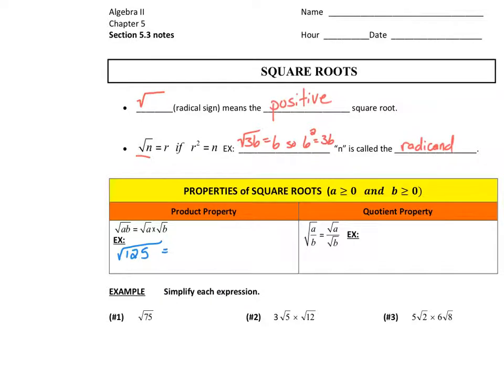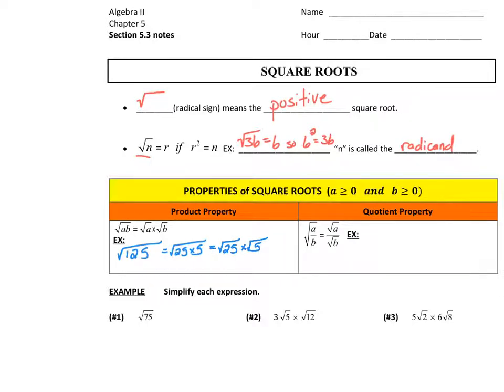Okay, 125 is really 25 times 5. So we can break that apart into the square root of 25 times the square root of 5. Okay, so that's how the product property works. If it's two numbers multiplied together, you can split it apart into two radicals.